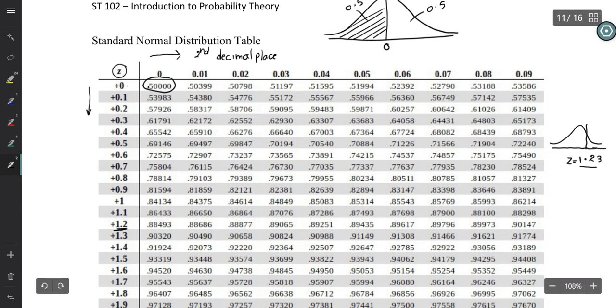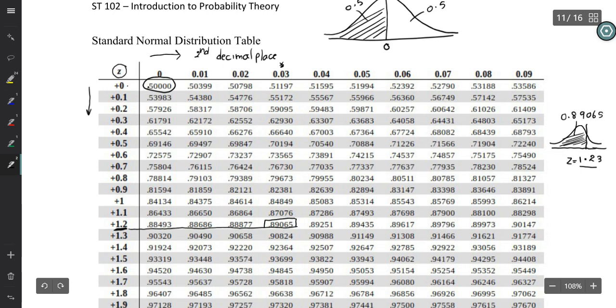And you read the second decimal point from the next column. Our second decimal point is 3, so 0.03 here. So you go along 1.2 and you come down 0.03 here. So what is the probability? 0.89065. So the area under the curve to the left of z-score 1.23 is 0.89065.